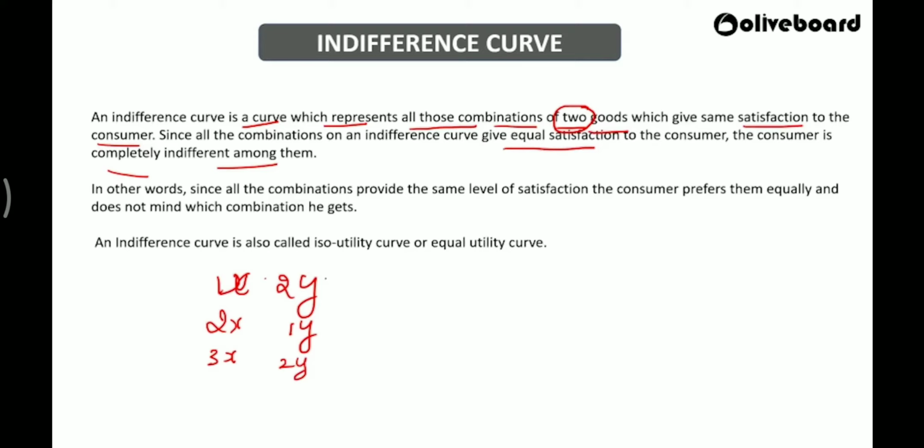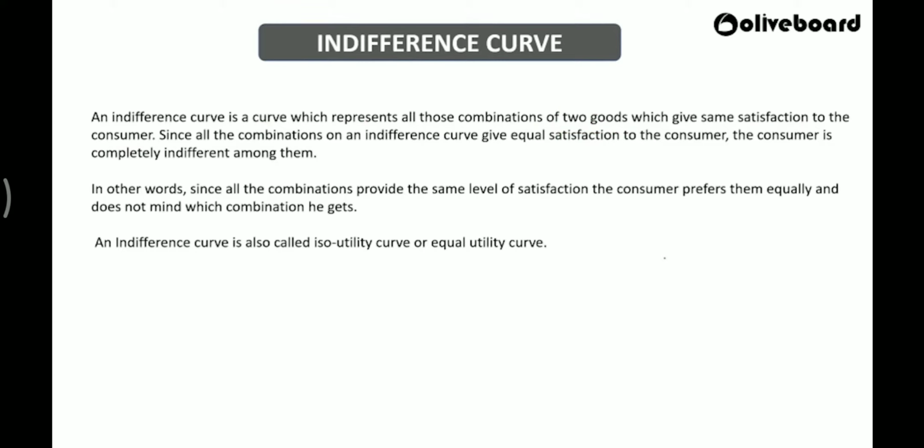Along the indifference curve, it will give the same level of satisfaction. Combination of how many goods? Two goods. So you have to remember these 2 points. It is a combination of two goods along the indifference curve, and it will give the same level of satisfaction.